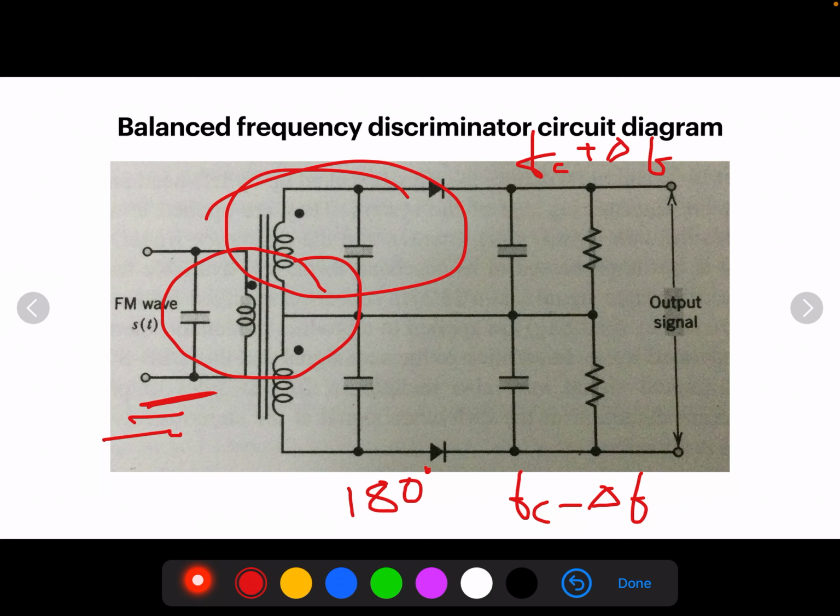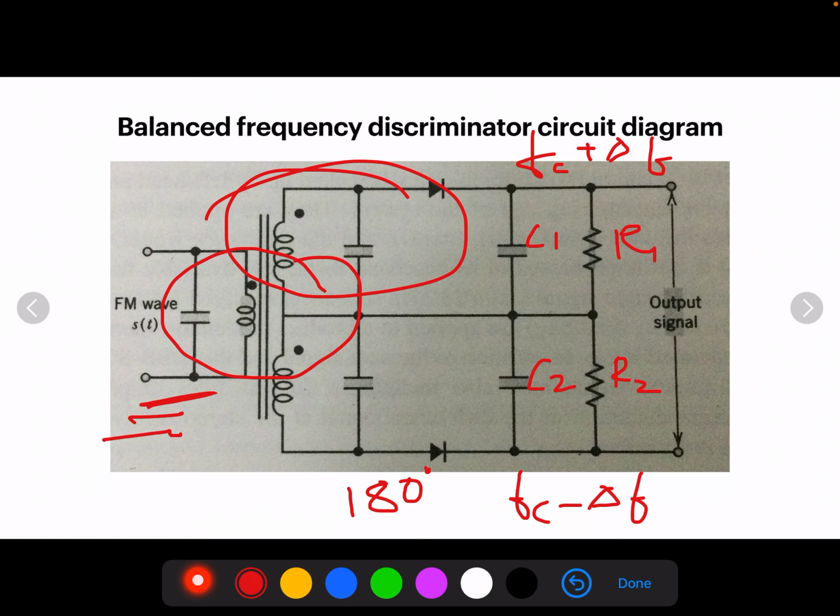So let me take this as R1, C1, R2, C2. R1, C1, R2, C2 are like the filters which are used to bypass the radio frequency ripples. There are 2 output voltages, VO1 and VO2, which are basically the output voltages of the slope detector.